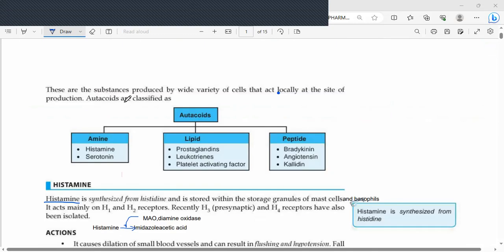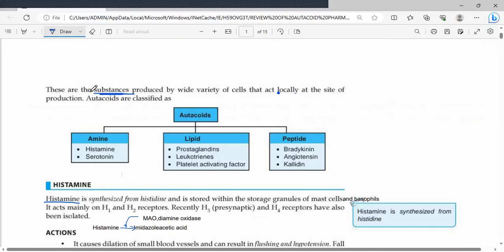So they are endogenous substances produced by a variety of cells. They act locally at the site of production, either in an autocrine or a paracrine function.